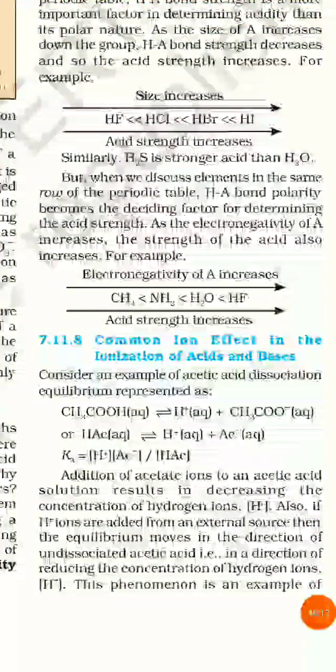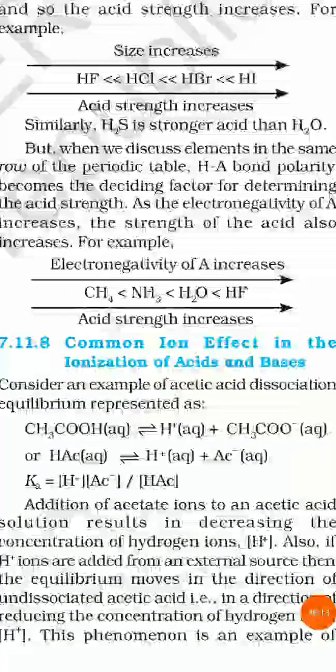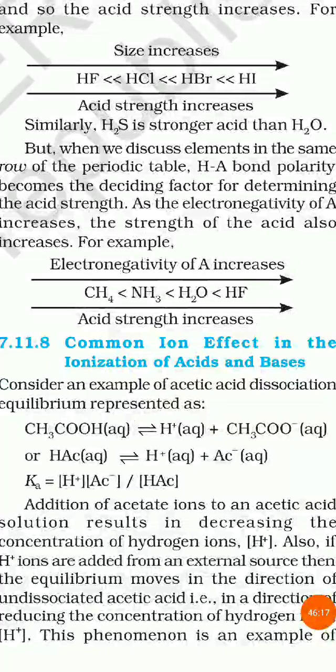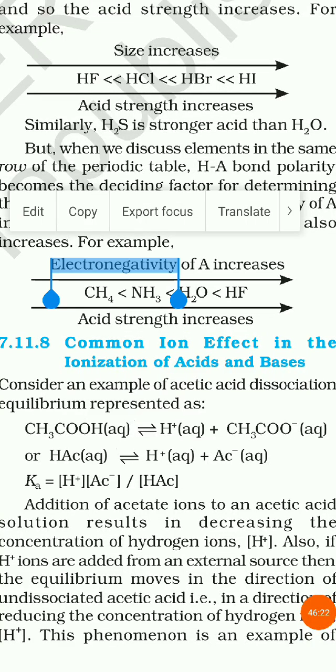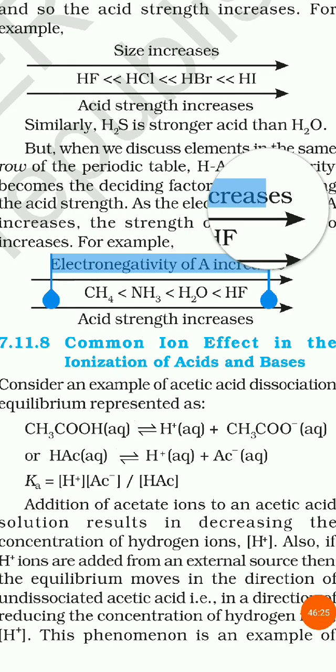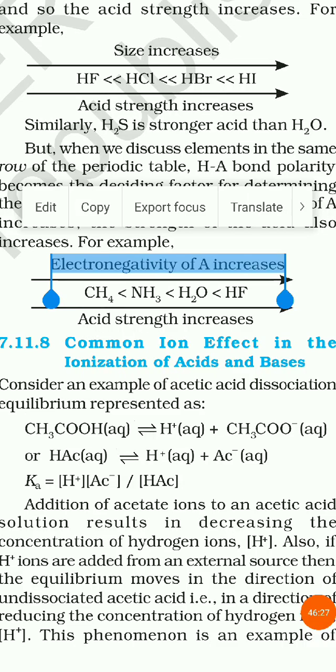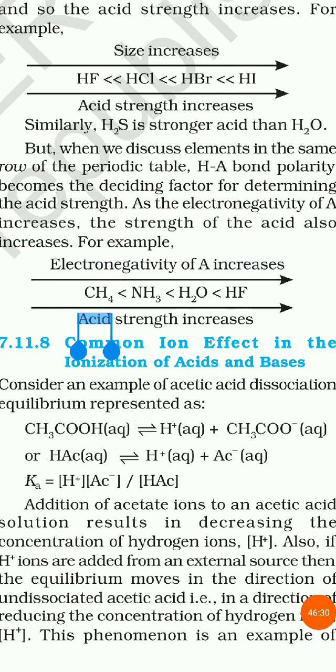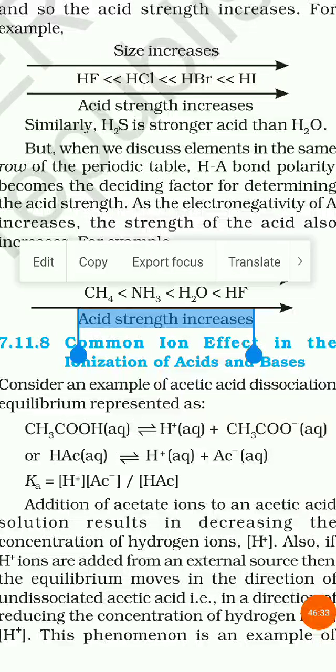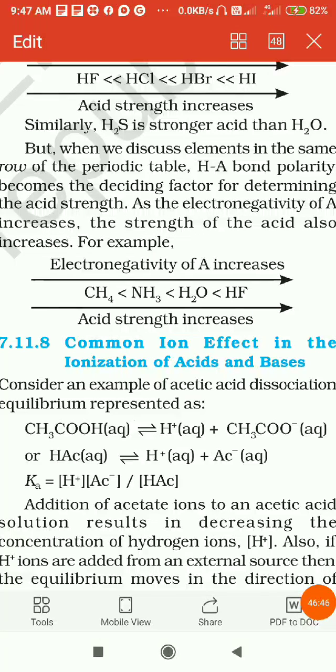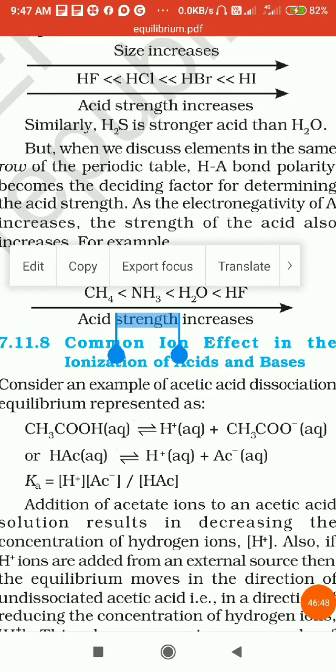Therefore, if you take the 14th group up to the 17th group elements, moving left to right in the periodic table, electronegative values increase. When electronegativity increases, they have more acidic strength. So acidic strength increases left to right because electronegativity also increases.